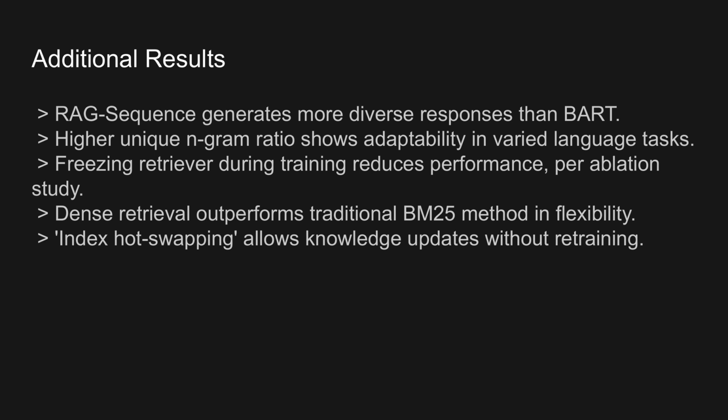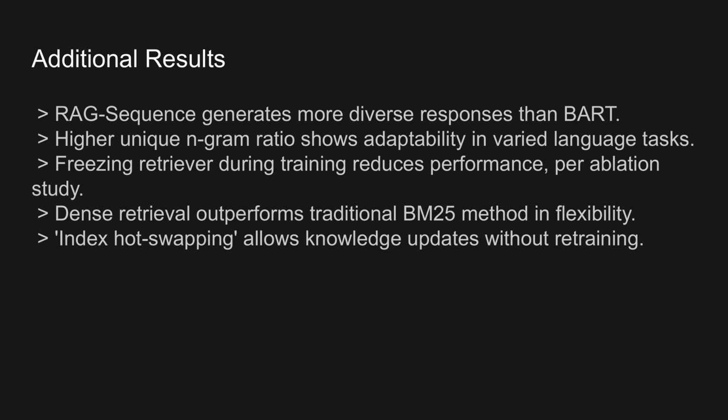This flexibility isn't possible with parametric-only models like T5, which would require retraining. In summary, these additional results underscore RAG's versatility, not only in handling a variety of language tasks, but also in maintaining diversity, retrieval efficiency, and knowledge flexibility, positioning it as a powerful tool for dynamic, information-rich tasks.